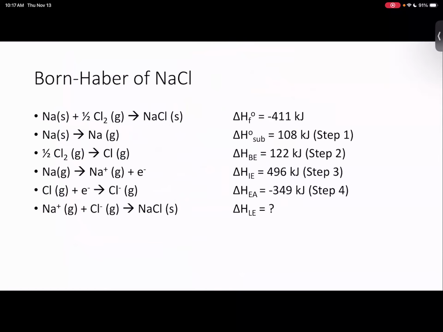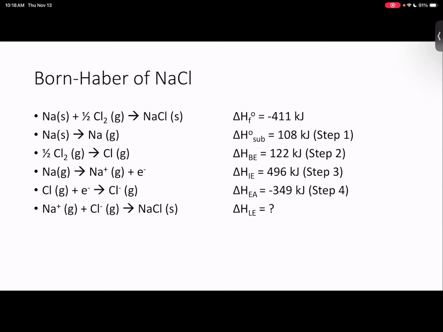We can look up the energies of these processes. The delta H of formation for the formation of sodium chloride from elements in its standard state is a negative 411 kilojoules. We can look up the sublimation of sodium metal into sodium gas, and that requires 108 kilojoules.